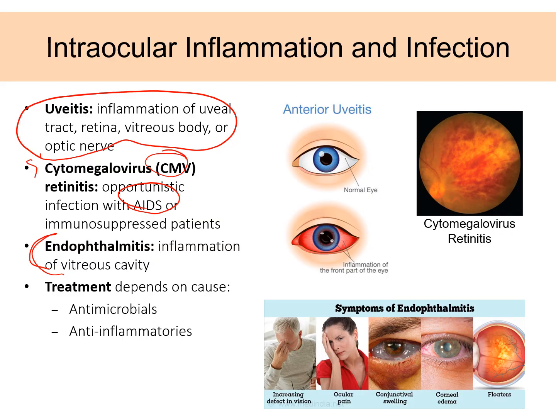So all of these things, they're treated just dependent on what is causing it. So if it's a bacteria, we're going to treat it with antibiotics. Either it's going to be in the drop form, the ointment form, or in the intravenous form, systemic, just really depends. If it's from a virus, then we're going to treat the symptoms and possibly use antivirals if appropriate.